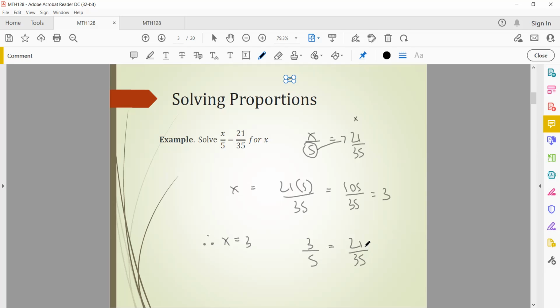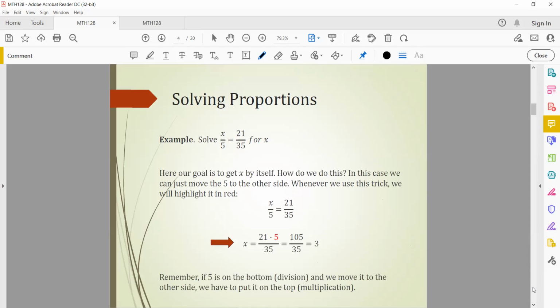That would confirm that yes, you would get 3 over 5, because you could divide by 7, and you would get 3 over 5. So that's one way of double checking. But that's not always a reliable way, so we do have to use these formal rules of algebra.